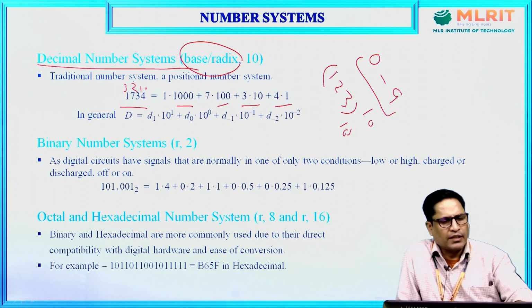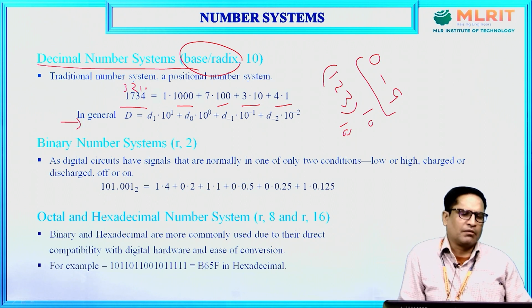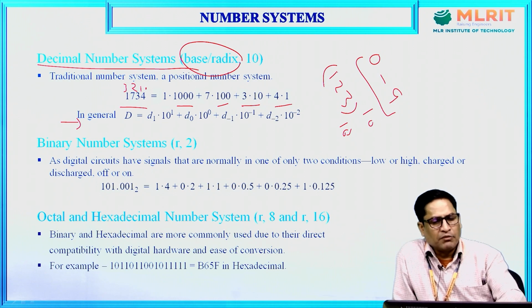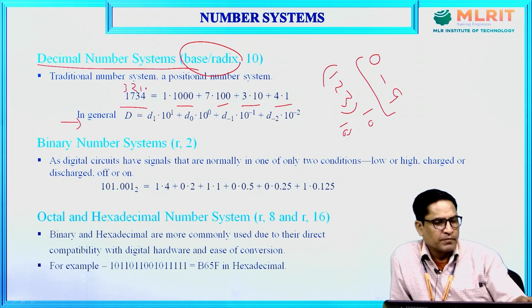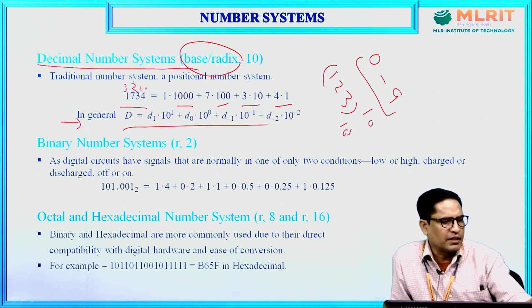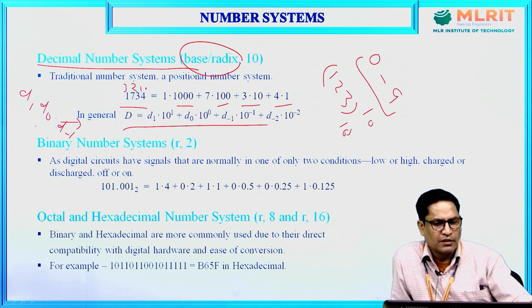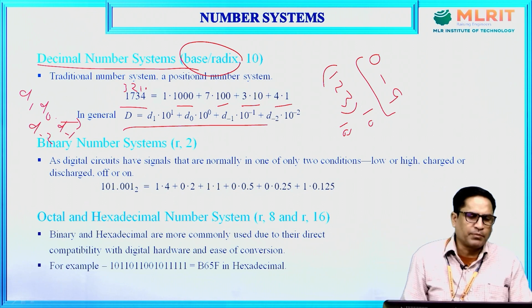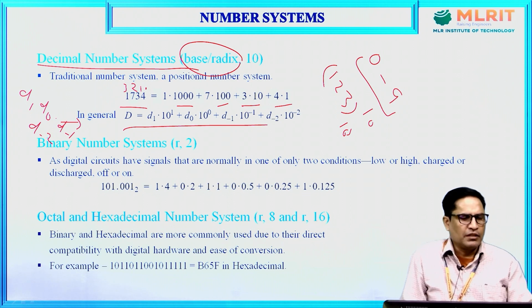So in general, a decimal number can be expanded like this. The number here is D1 D0 point D of minus 1 and D of minus 2, and I have expanded it as per position.